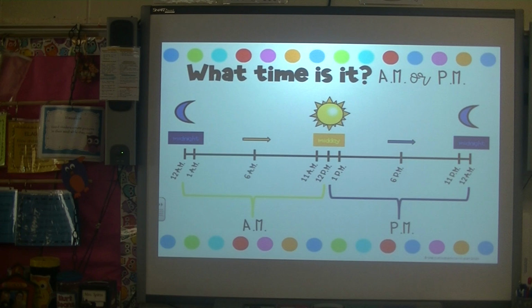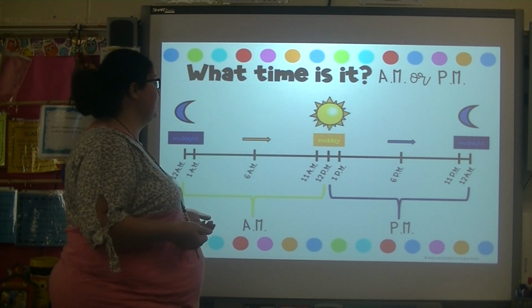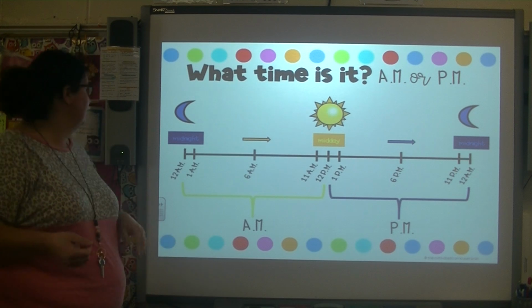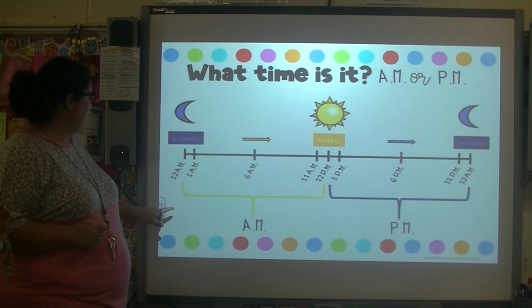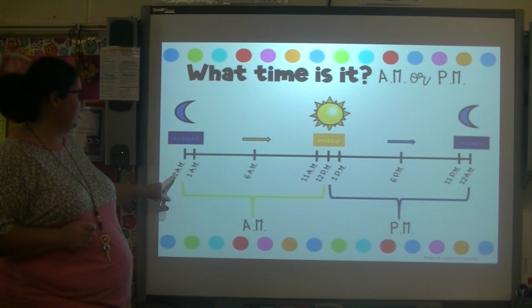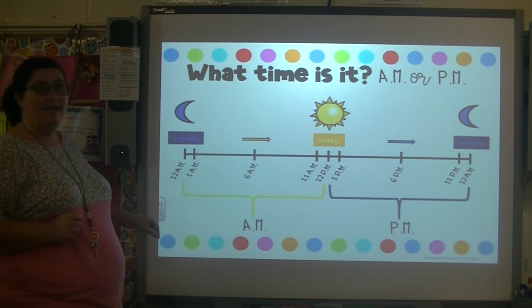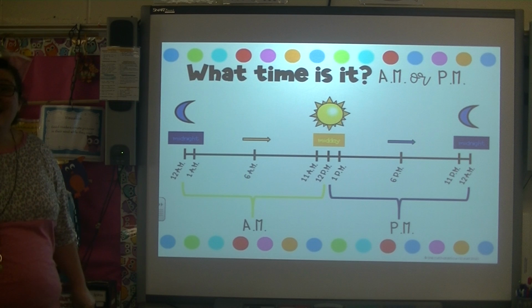So here we have a timeline that shows you what is considered AM and PM. This is where people get a little confused. Even though it's dark outside, midnight is considered AM.